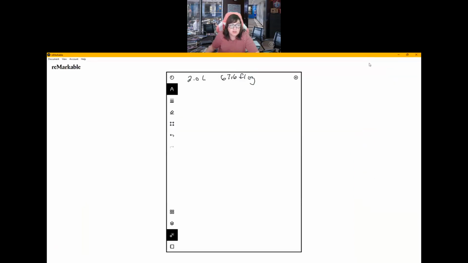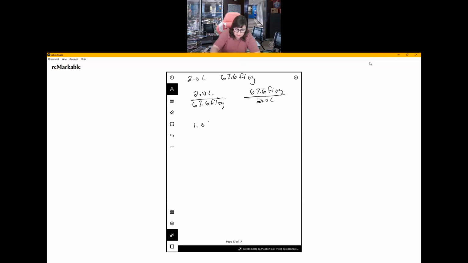So if I want to set up a conversion factor for that, there are two ways that I can do this. One, I can say that 2.0 liters is 67.6 fluid ounces. Leave it like that. I could leave it as 67.6 fluid ounces is 2.0 liters. Or I could do the actual mathematics on it and say that 1.0 liter is whatever that number is, because I can't do that math in my head.